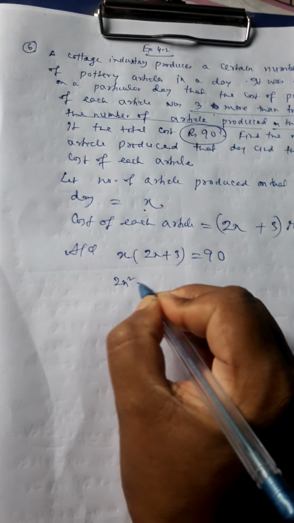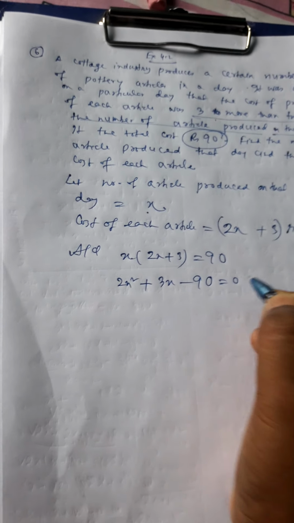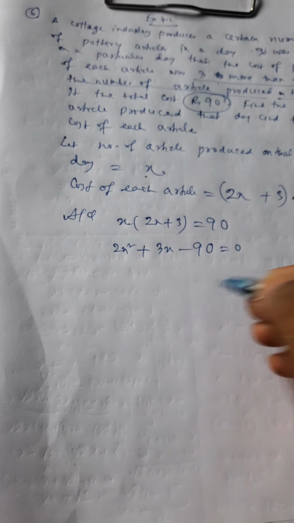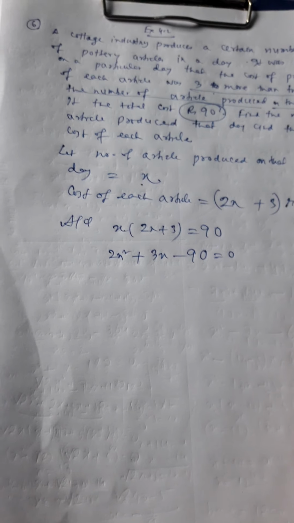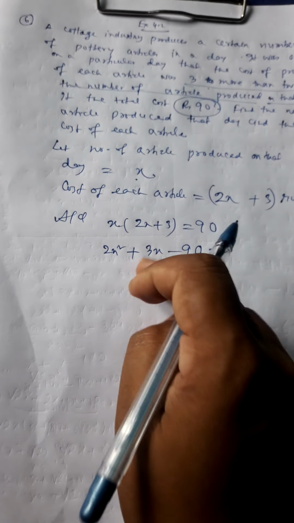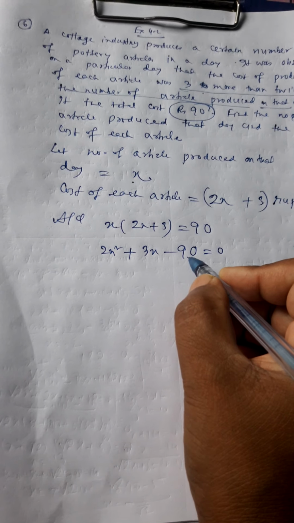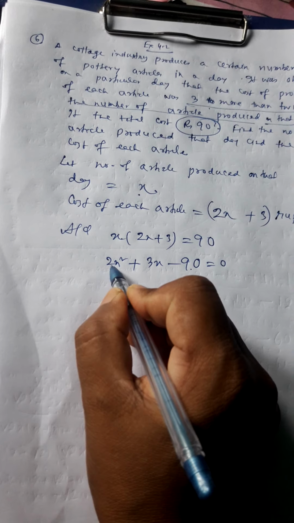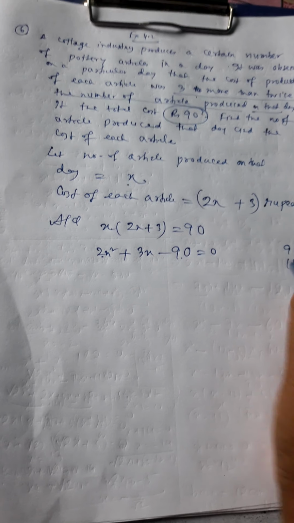So 2x square plus 3x minus 90 equal to 0. So we have to divide this 90 again into two numbers. So our process is, if there is a coefficient of x square, we have to multiply this 90 by 2, so 180.